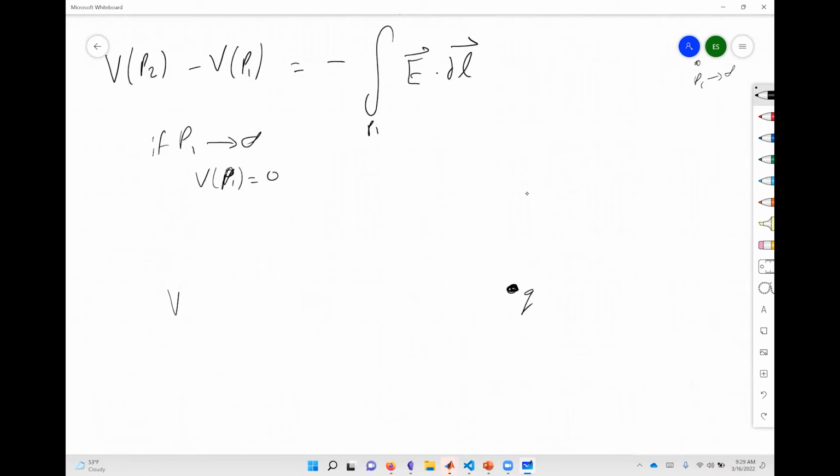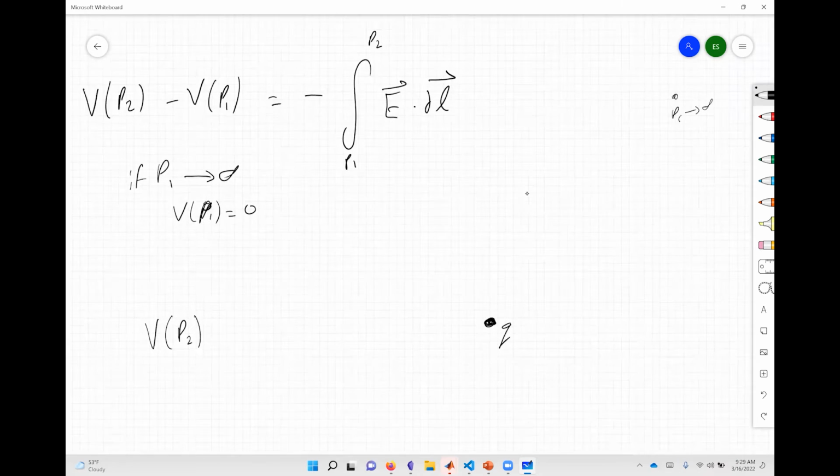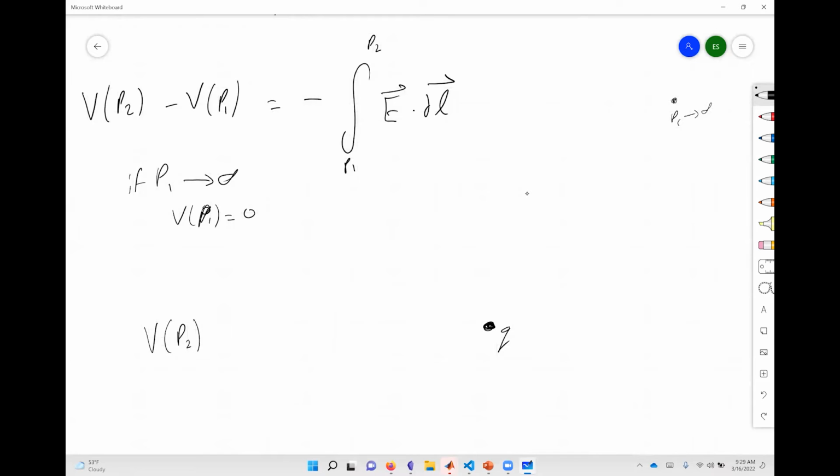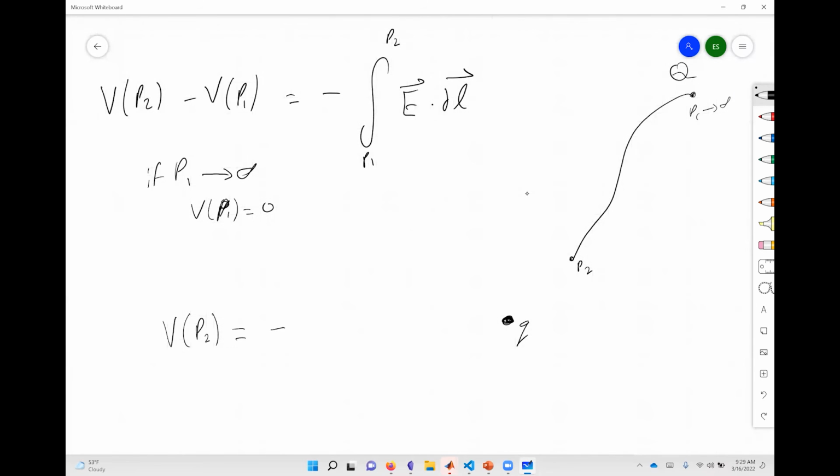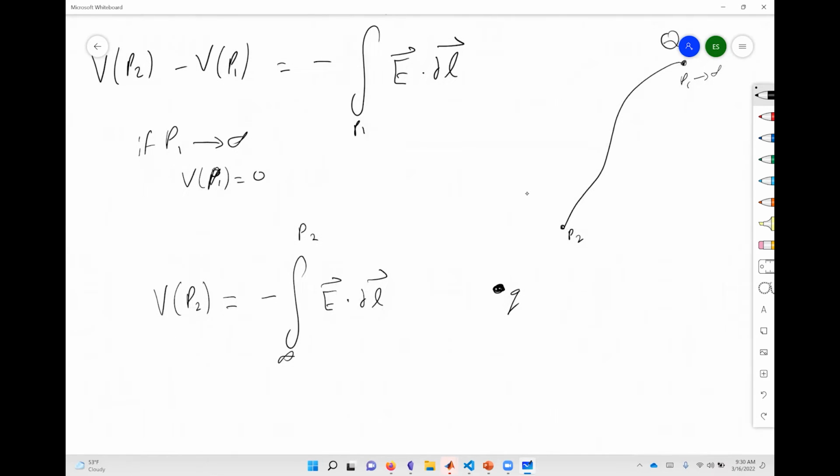So this tells me that P2 is my endpoint. P1 is at infinity. I move a charge, some charge Q, capital, from infinity to some point P2. So VP2 is minus the integral from infinity to P2 of E dot dl. What does this represent?